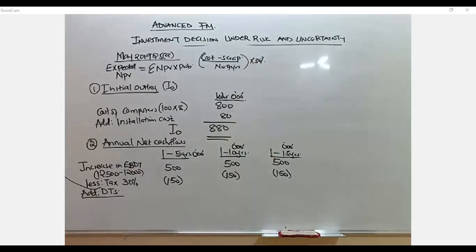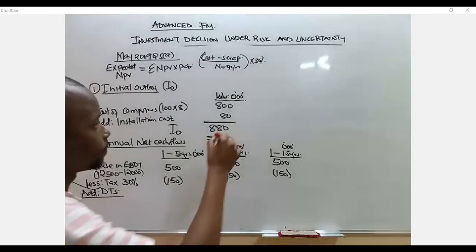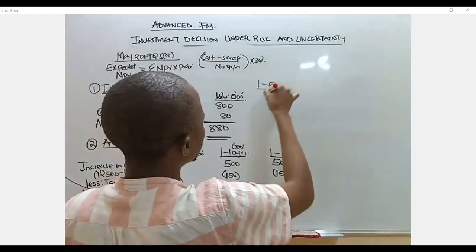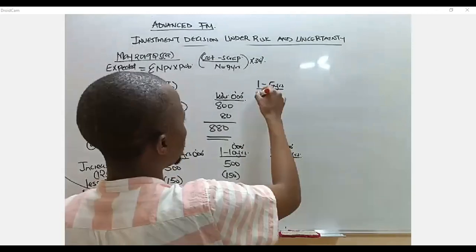So for our depreciation tax shield, we start with the first one. We were told each computer, on the 1 to 5 years, will have a scrap value of 50,000. So how am I supposed to do it?